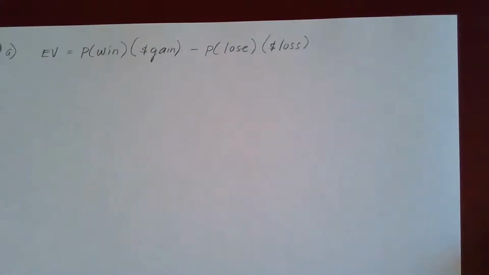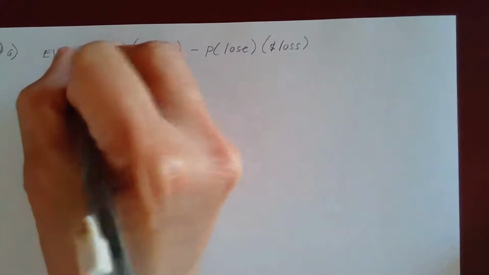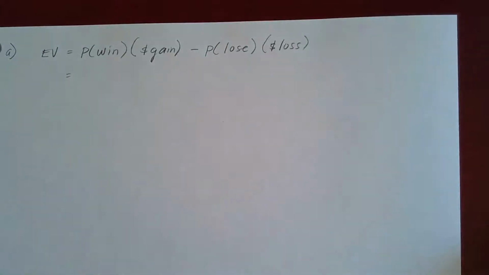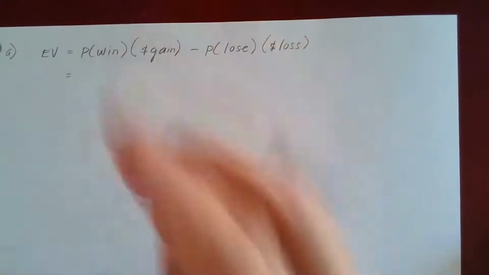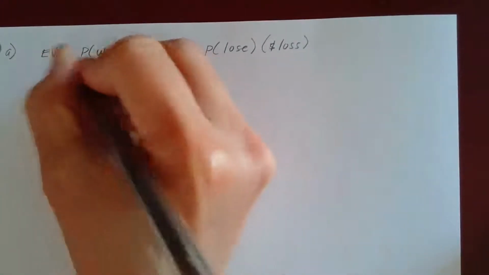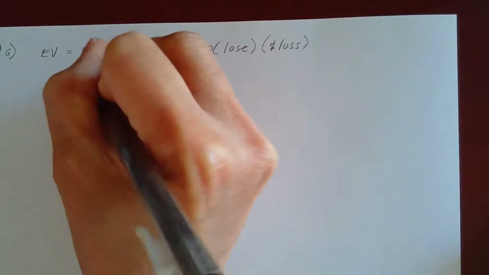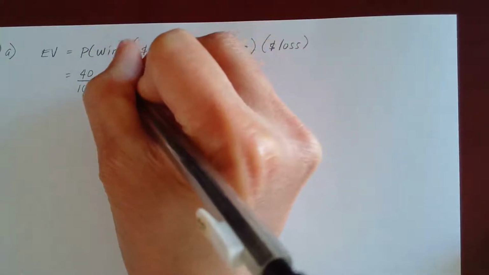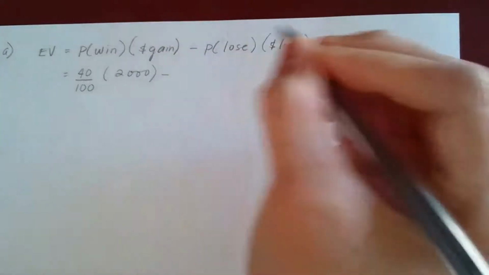Okay, so probability that I'm gonna win, they said it's 40%. So 40 out of 100. 40% means 40 out of 100 times gain. I'm gonna gain $2,000 from this, minus probability of losing.